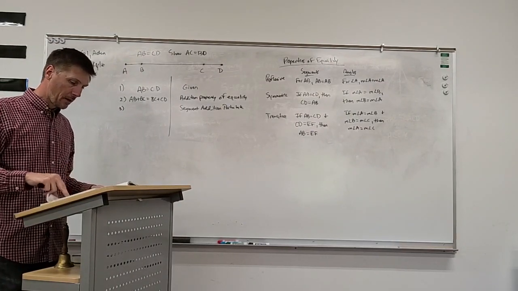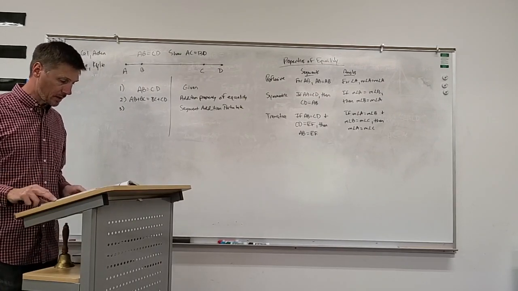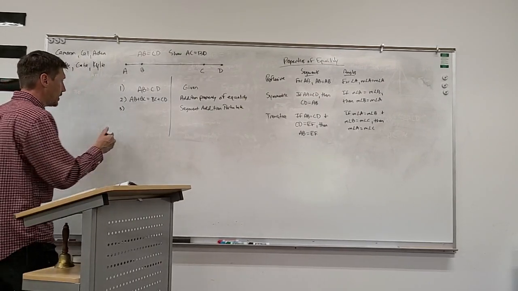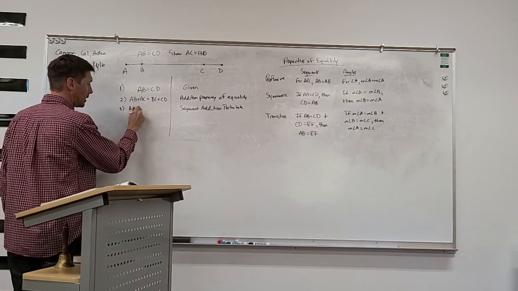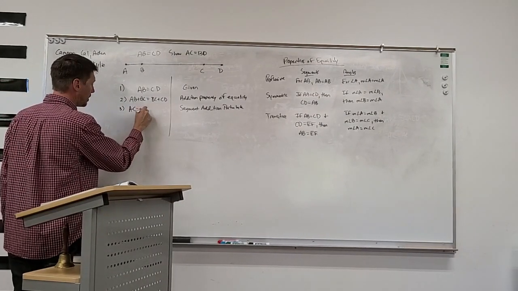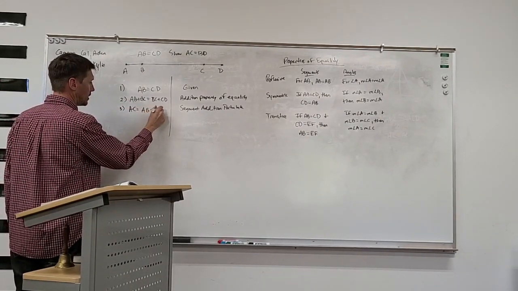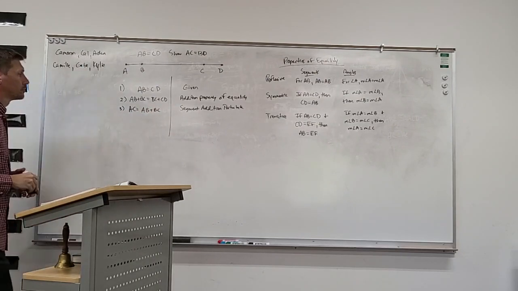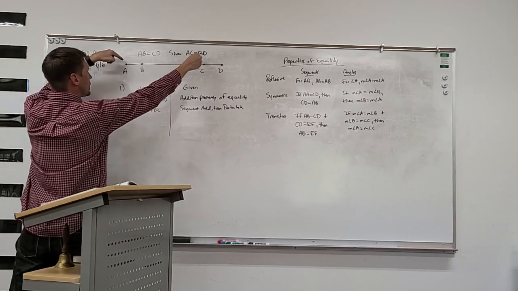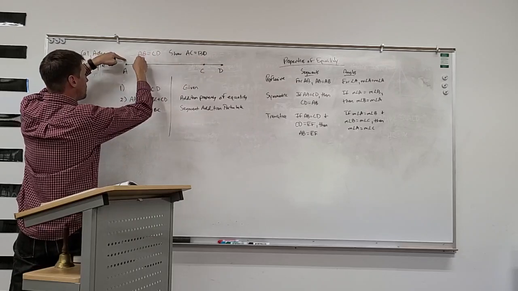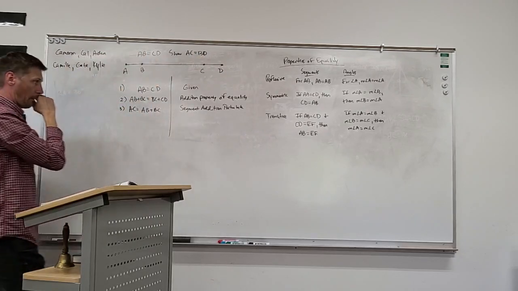All right? So we're going to use the segment addition postulate now to say that AC is equal to AB plus BC. AC, this distance here, is equal to AB plus BC.